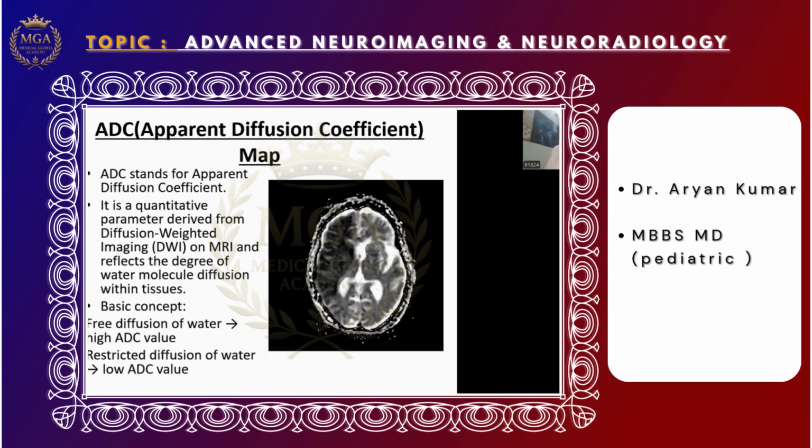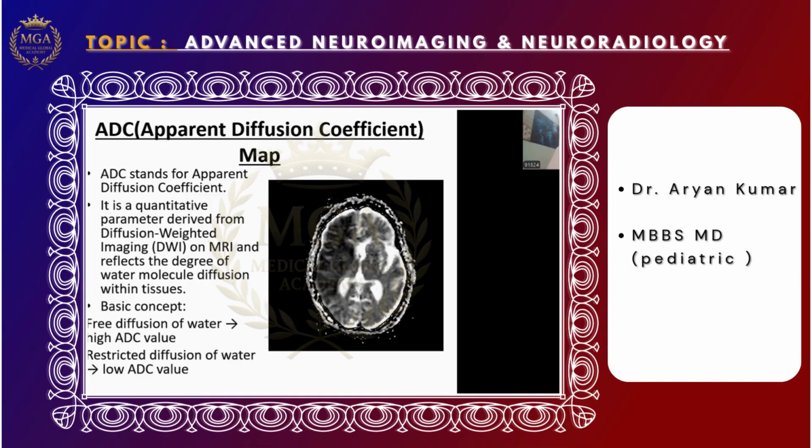Now, I already discussed what ADC is. ADC stands for apparent diffusion coefficient. Diffusion weighted image is a qualitative thing, whereas ADC is a quantitative term, derived from diffusion weighted imaging, which describes DWI on a quantitative basis.